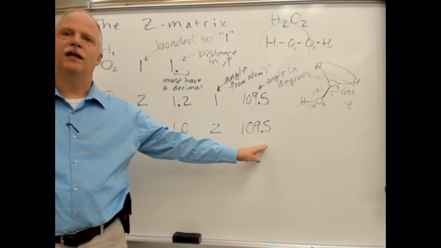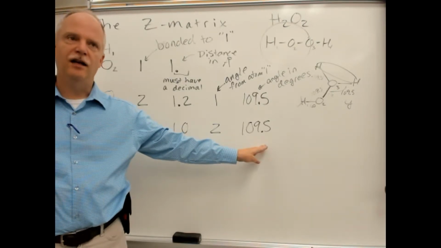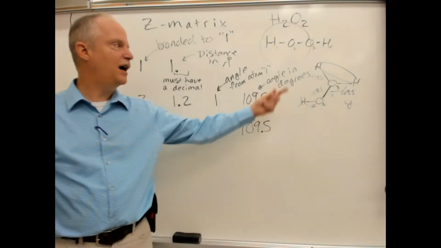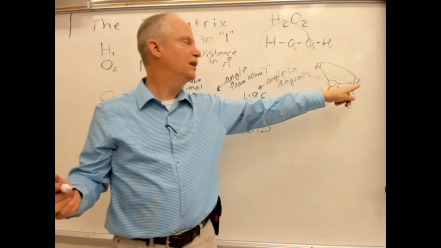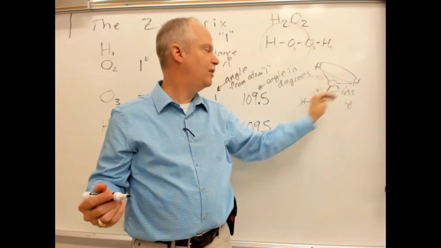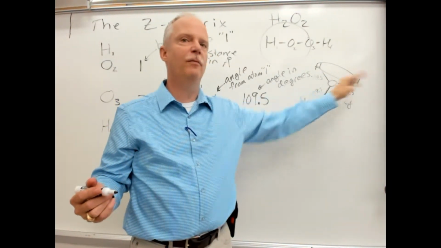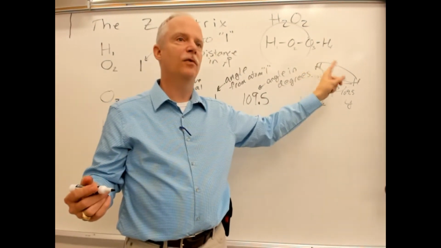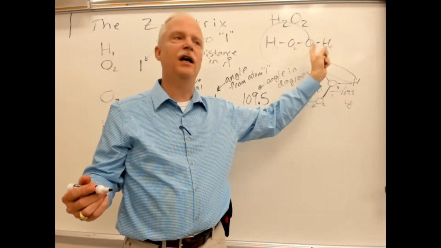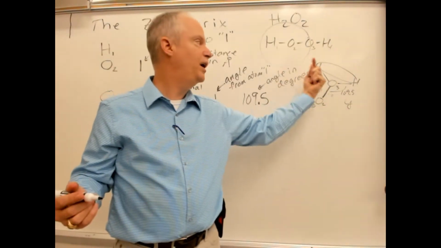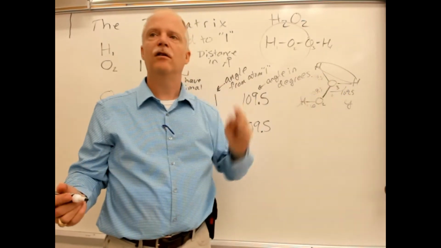So what is it that we need to define? The dihedral angle is the last thing that needs to be defined. We need to define where on that cone this last hydrogen is. If we make it 180 degrees from this hydrogen, it'll be over here. If we make it 0 degrees to this hydrogen, it'll be over here. So we could do 30, 60, we could do anything with this last dihedral angle, and we'll pick a location on that cone.